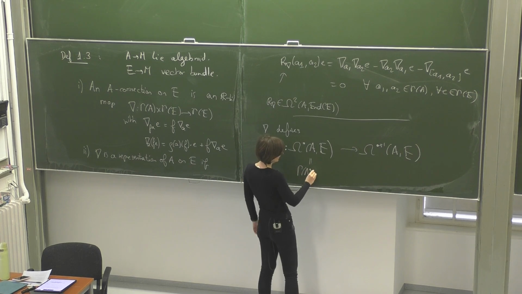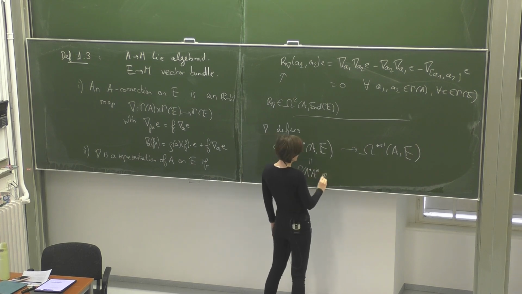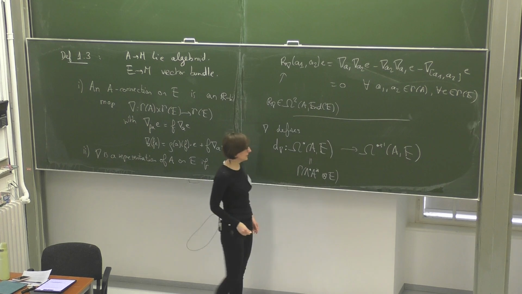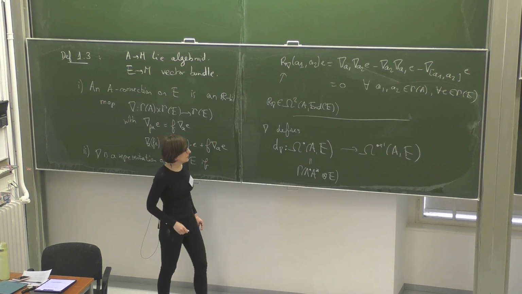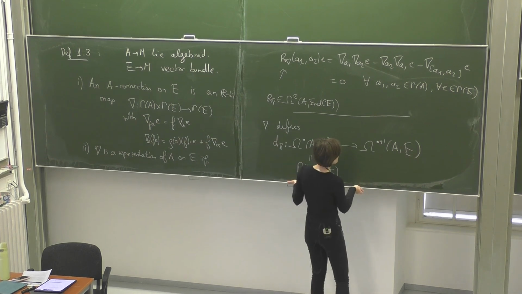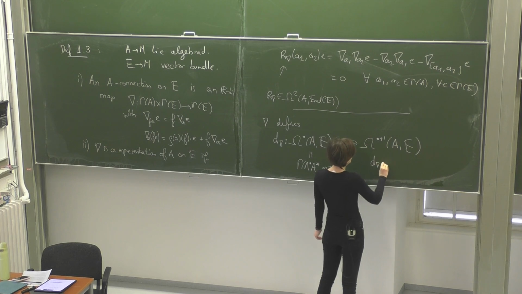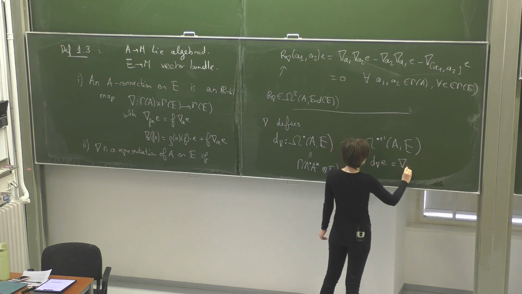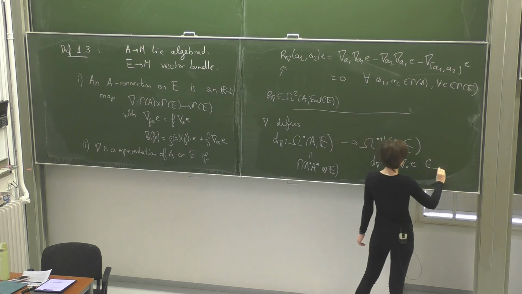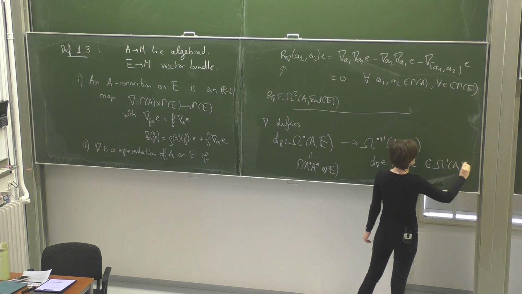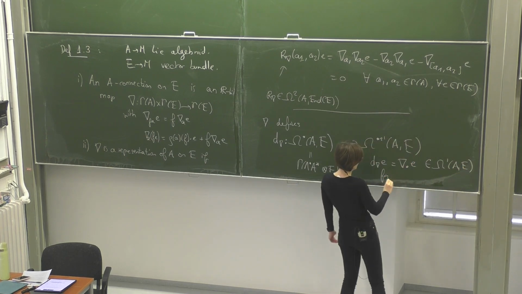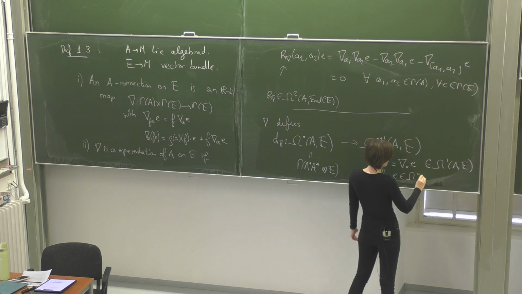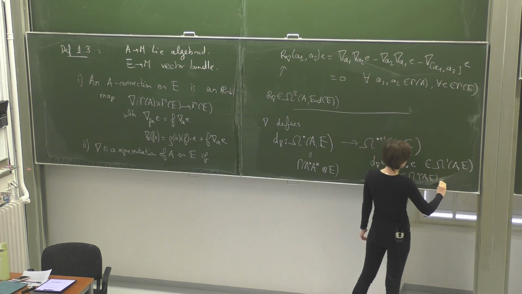This is wedge bullet A star tensor E. So how is it defined? You have d nabla of e is nabla e, which is then a one form on A with values in E, for e a zero form on A with values in E, which is just a section of E.